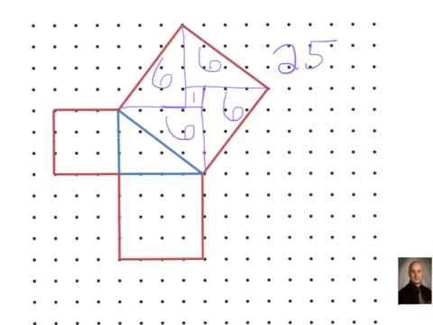And we also know that if a square has the area of 25 square units, the side length is the square root of that area, or the square root of 25. That happens to be a perfect square, so the square root of 25 ends up a nice even 5. And so all 4 sides of that large square are 5. We got a 5 here, a 5 here, 5 there, and a 5 there.